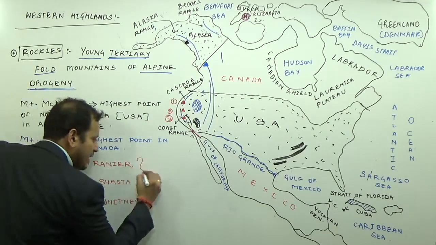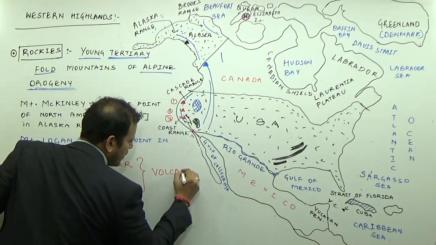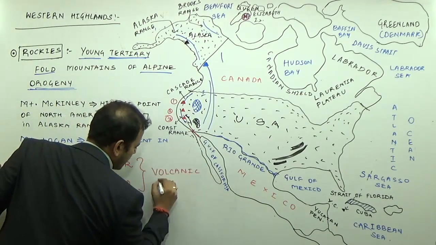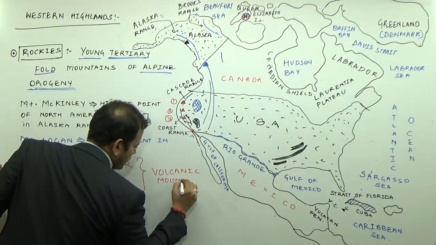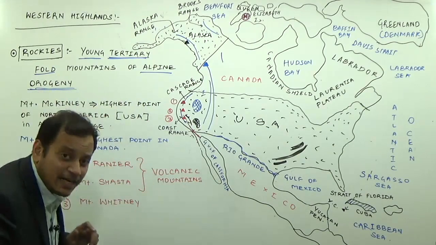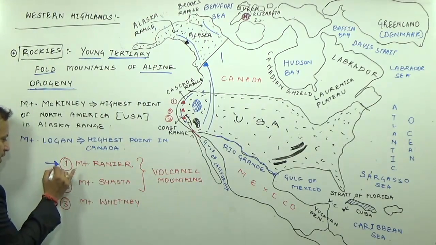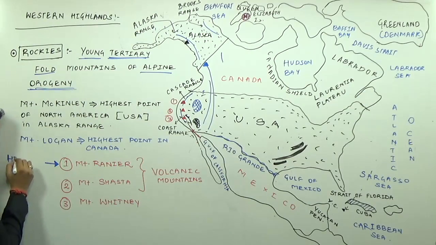Remember, Mount Rainier and Mount Shasta are volcanic mountains. In fact, Mount Rainier is the highest volcanic peak of the North American continent.